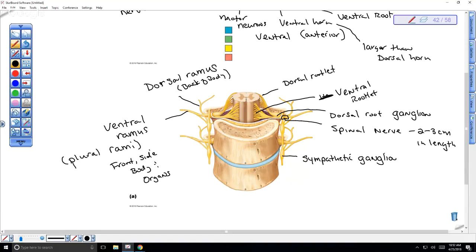And notice how this runs really close to the spinal cord, up and down, and then it communicates with the ventral rami, right? So I'll put, we have rami communicants. Oh, I can't remember how it's spelled.